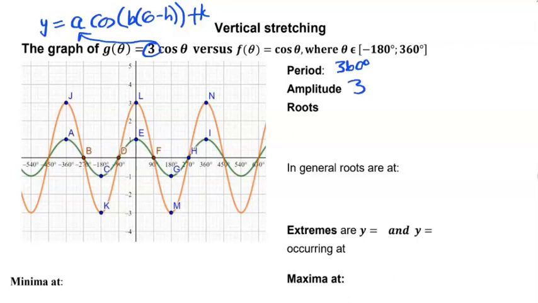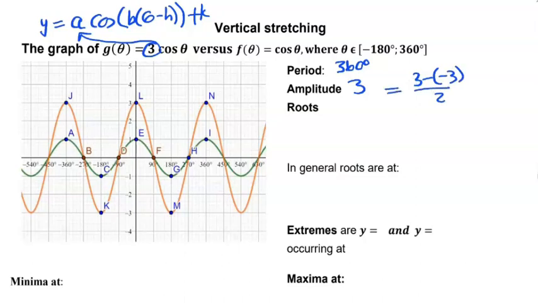The amplitude is 3. If we use our definition of amplitude, we get maximum of 3 minus the minimum divided by 2, and that will give me exactly the same value there.